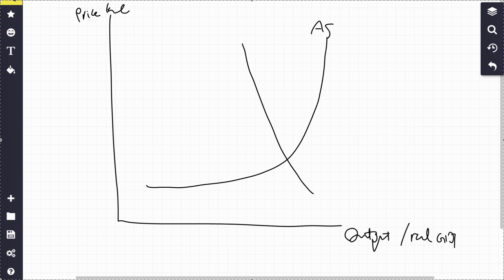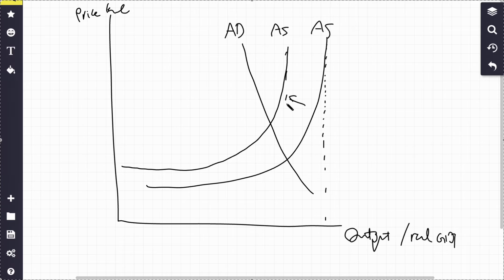The economy was operating around the full employment level, and then AS shrank like this. It shifted inward because productive capacity, which is here, the maximum level of output, has shrunk.